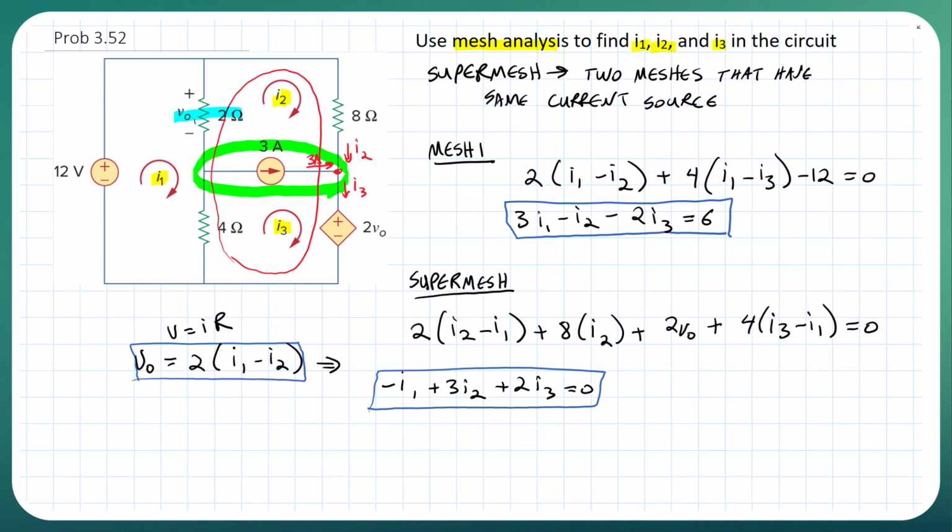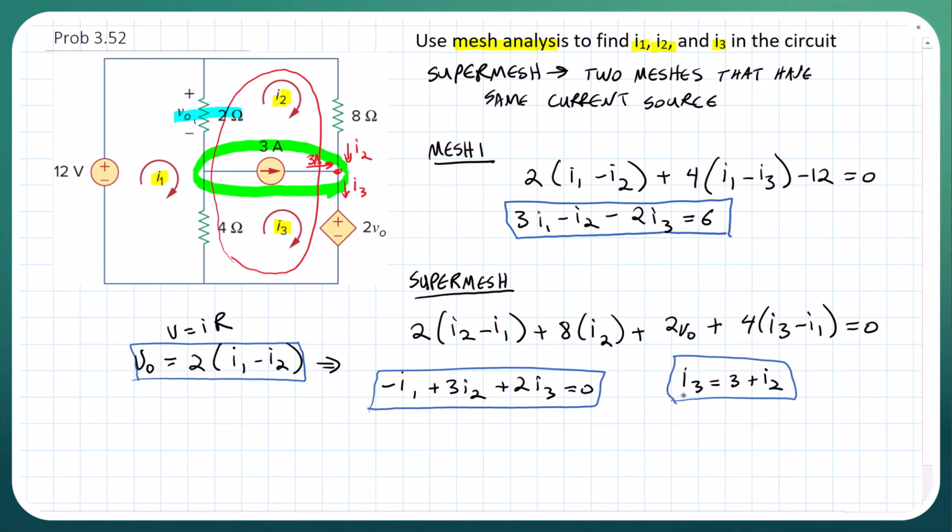So we can say, based on this, I3 is equal to the 2 currents going in, which is the 3 amps plus I2, and that gives us another equation we can use.